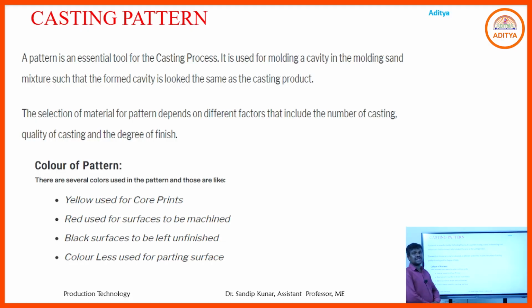Generally the selection of the pattern materials depends upon different factors. Every material has some advantages, some disadvantages and some other characteristics. What are the factors? Every material has a different capacity for carrying out numbering. Numbering means the number of castings, which depends upon the pattern material. Another is the quality of the casting, meaning whether the cast product will be good or bad depends upon the pattern material, and also upon the degree of finish.